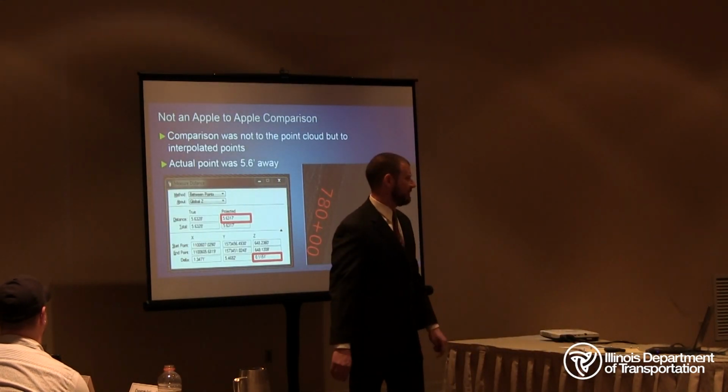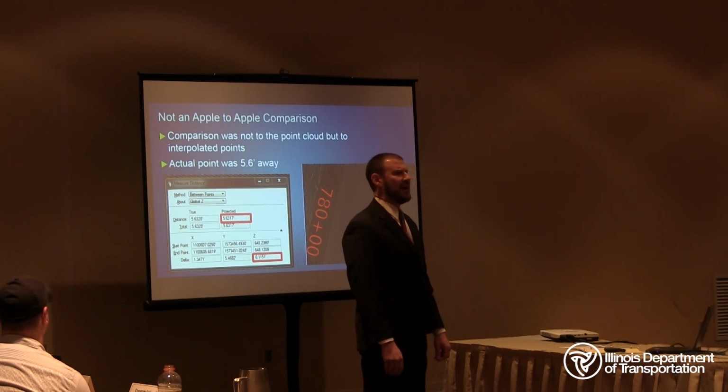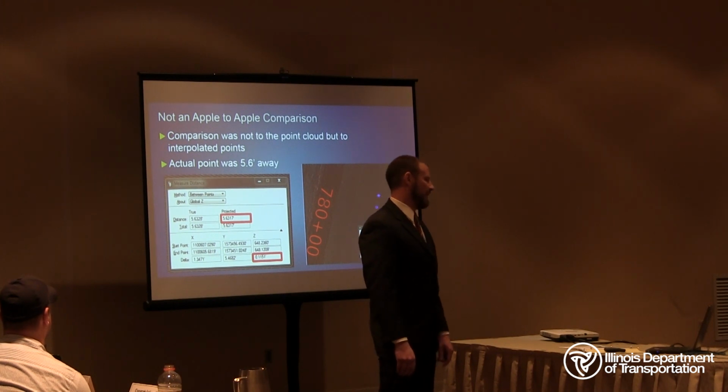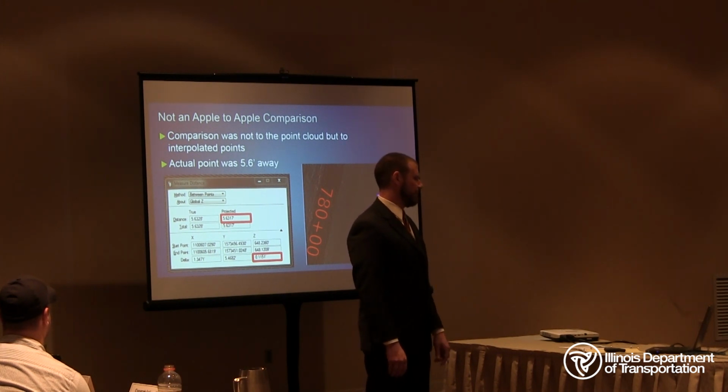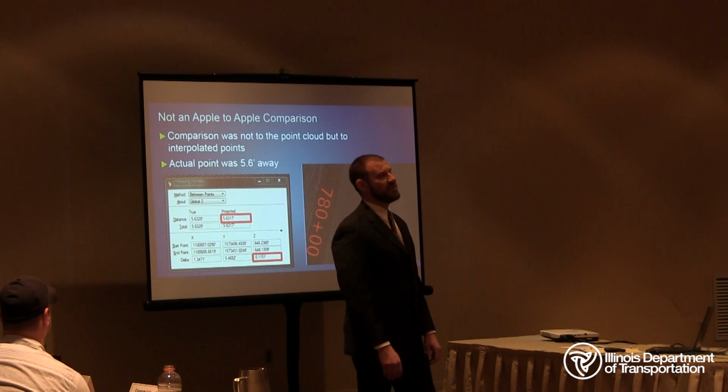Once I got the data from all the consultants, I took a look at the point cloud and the conventional survey shot, which is the white dot. The blue dot here is a shot that Consultant C extracted from the point cloud.